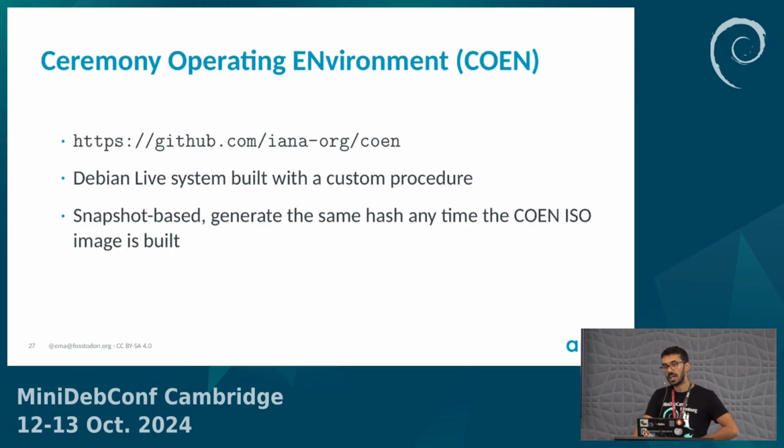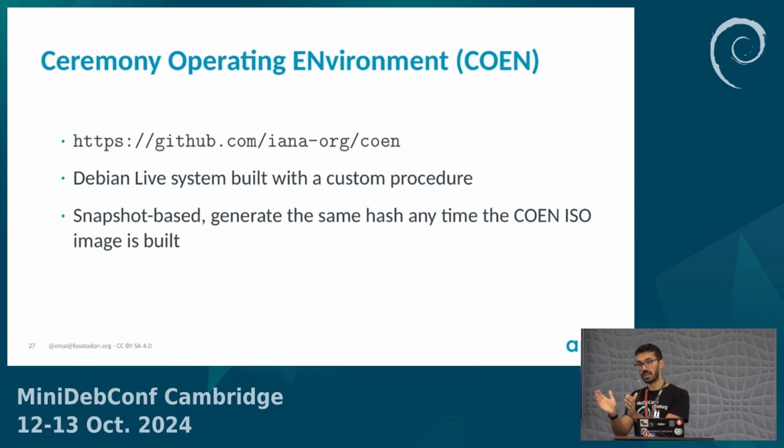They use Debian Live, but they don't use live build. So essentially, they build a Debian system by using some scripts that you can find on that GitHub repo. The reason why they have a custom procedure is that they want to make sure that the ISOs are reproducible at any point in the future. So if they build the ISO for Ceremony 54 a few months ago, they want to make sure that somebody in 2030 could say, okay, I want the same ISO that they made that day.